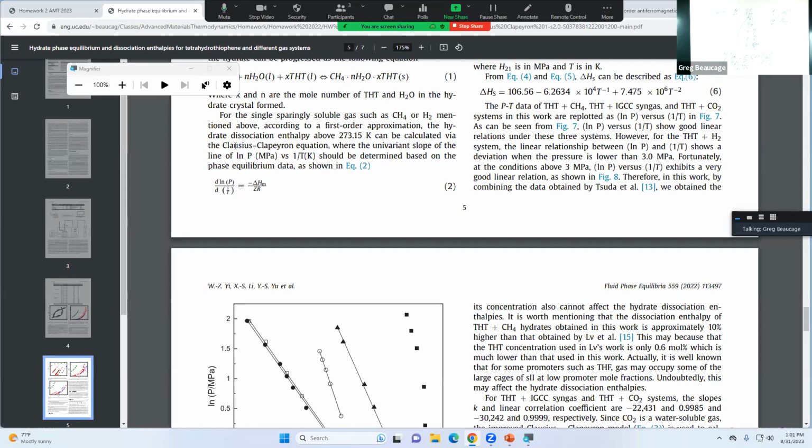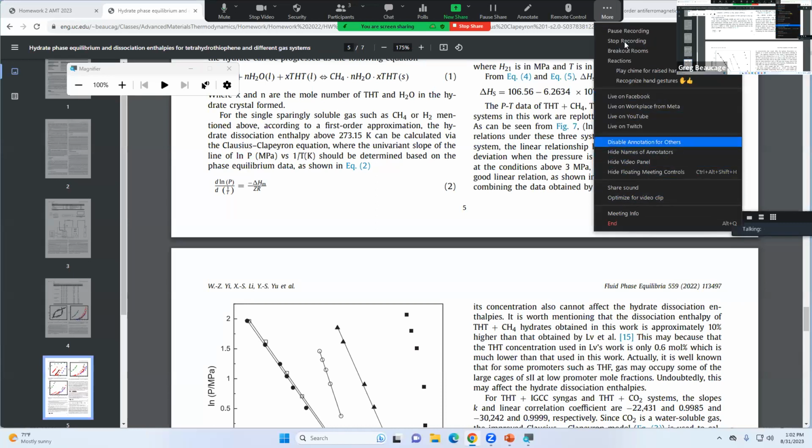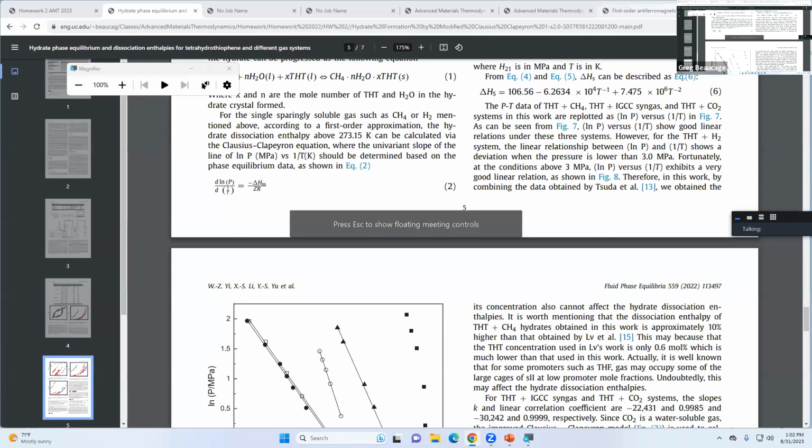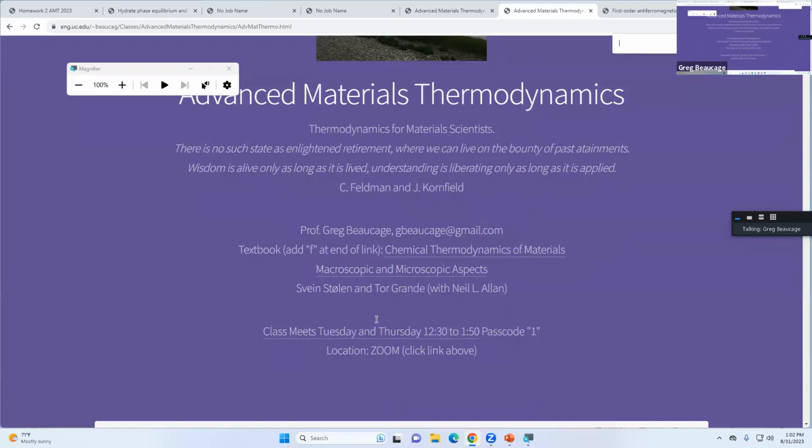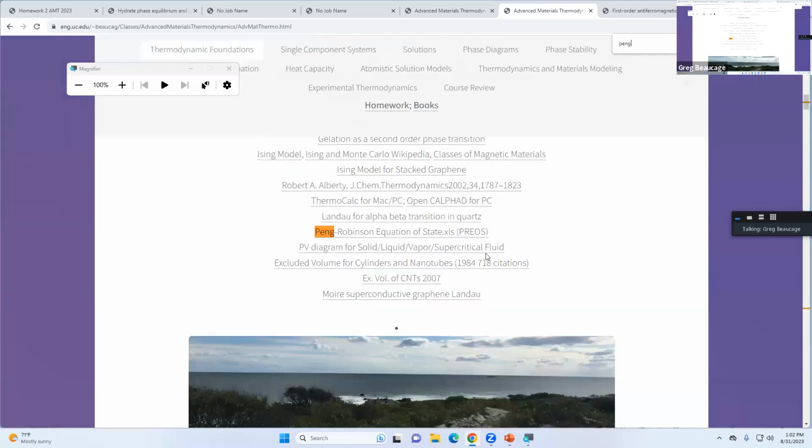And there are other equations. In particular, for simple gases, you can use the Peng-Robinson equation of state, which is like the van der Waals equation of state but better, an empirically improved version.